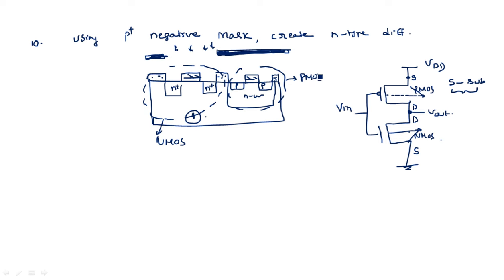And for this PMOS transistor, the substrate is N-well region. This N-well need to be created here so that the source and substrate can be connected together. So develop that P plus and N plus regions beside this N plus and P plus region which I have already created to connect the source and substrate together. Okay, so I will draw in the next step so that you can understand.